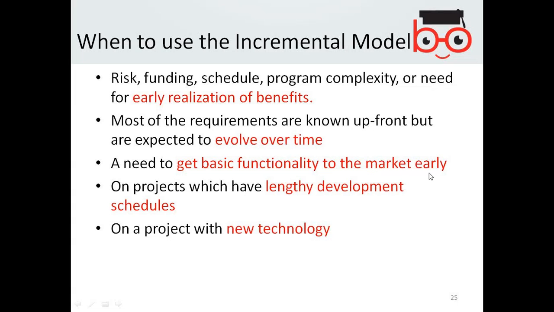Let's say there are 10 functionalities and you are working on them slowly, and then you can say this is a beta version. So you can quickly launch a product with versions. On projects which have lengthy development schedules, large projects could be released in small increments.